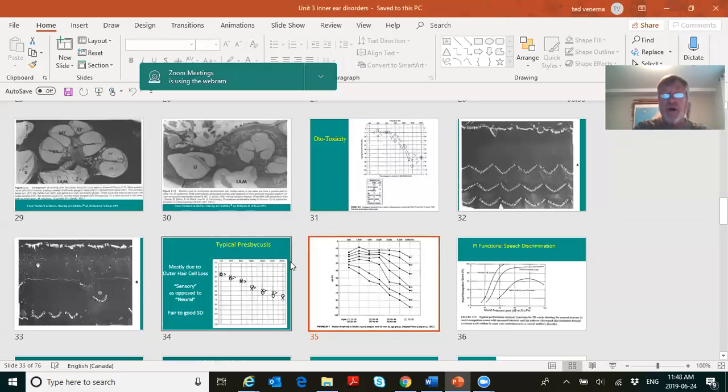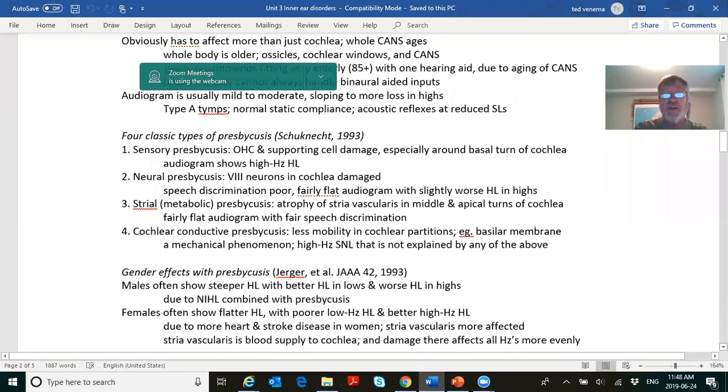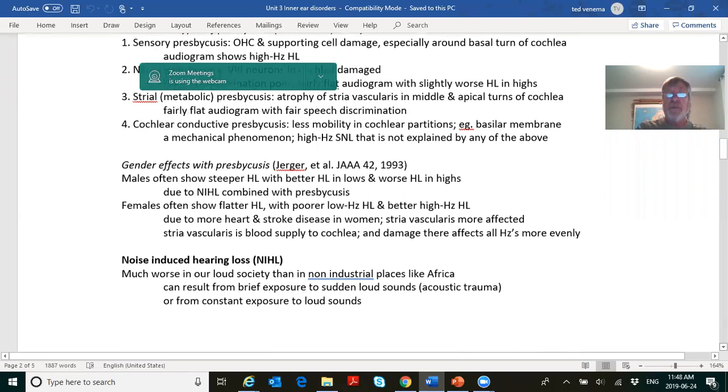So here we go to our notes now for a second and look at gender effects of presbycusis. By Jerger again. Males tend to show a steeper sensory neural loss than women. They'll have better hearing, usually, not always, but in general, better hearing in the lows, but worse in the highs.